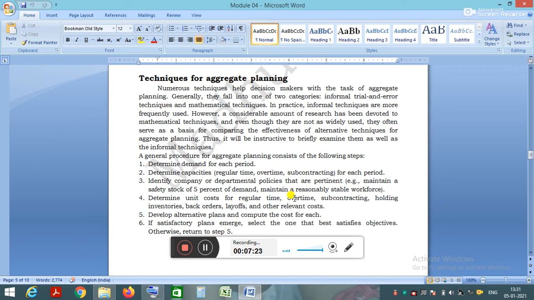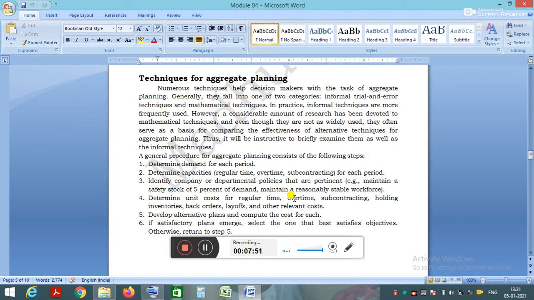He must know the costs involved in each case, because we already discussed the 3 different strategies and we need to compare all these 3 strategies to see which one is the best. To determine this, you must know the cost involved in each category. Then only you can make proper decisions.